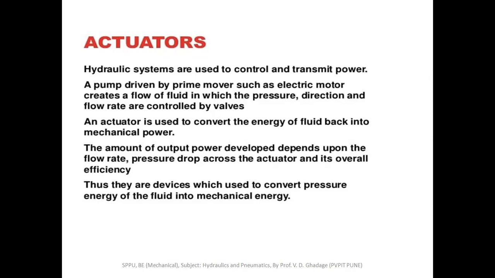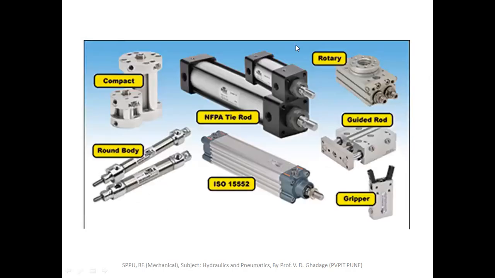Thus, they are devices used to convert pressure energy of the fluid into mechanical energy. This is a photograph of actuators: compact actuator, NFPA tie rod, rotary, guided rod, gripper, ISO, and rounded body.